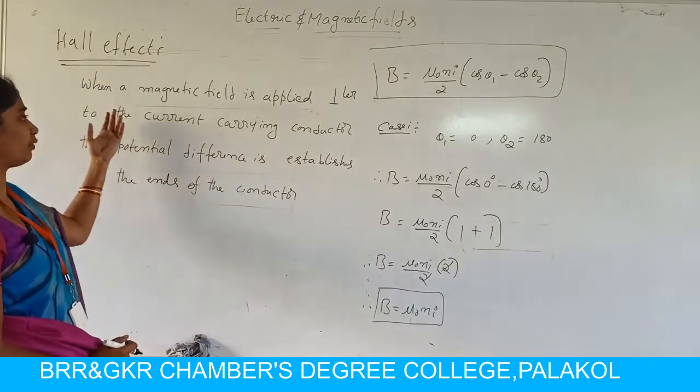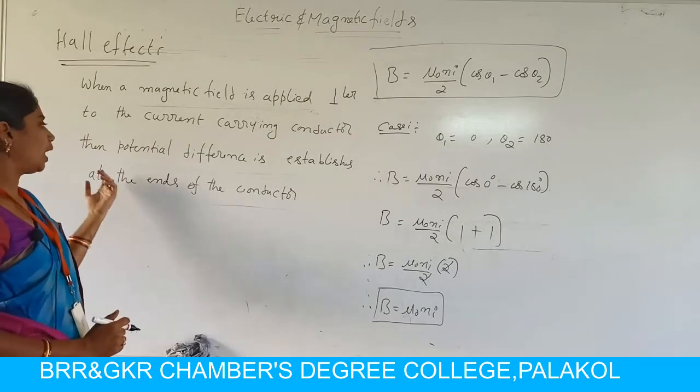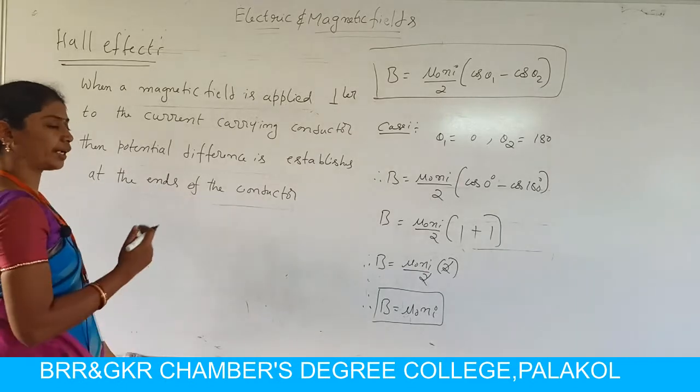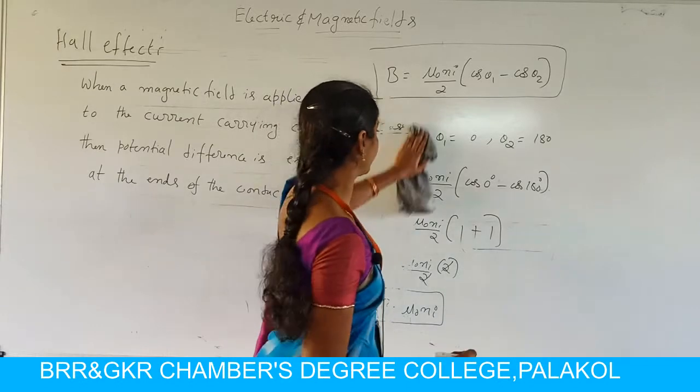Hall effect is when a magnetic field is applied perpendicular to the current carrying conductor, a potential difference is established at the ends of the current carrying conductor.